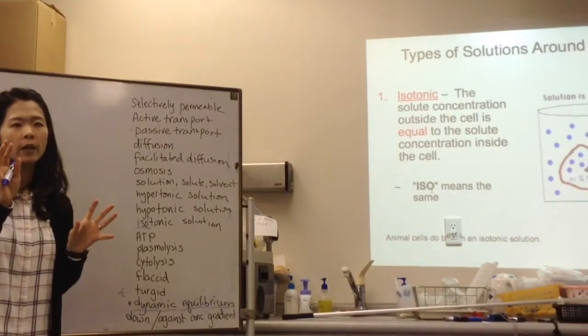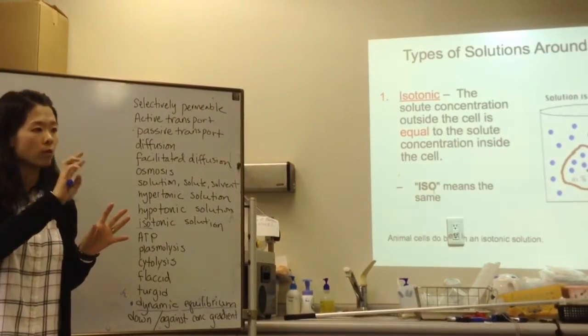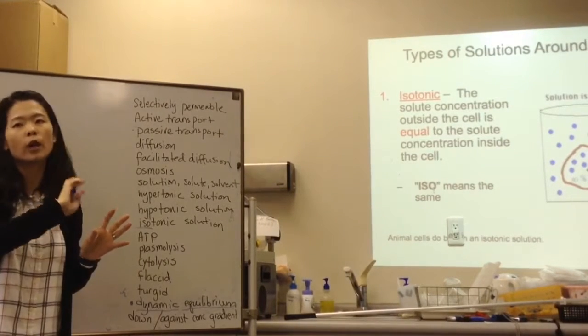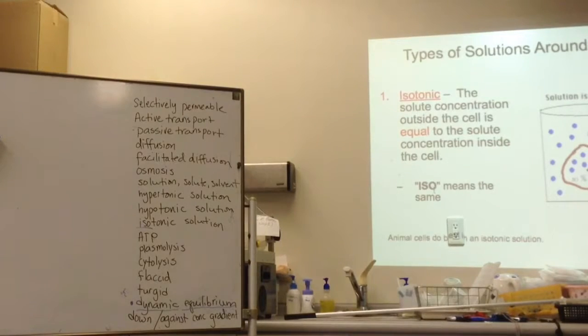In that case, the movement of water is equal. They're moving at the same rate. Notice that the percent of salt solution is the same, 10% and 10%, so it's equal concentration.